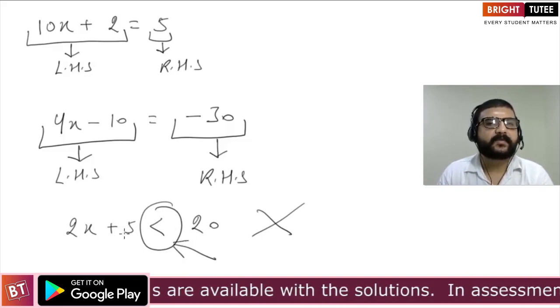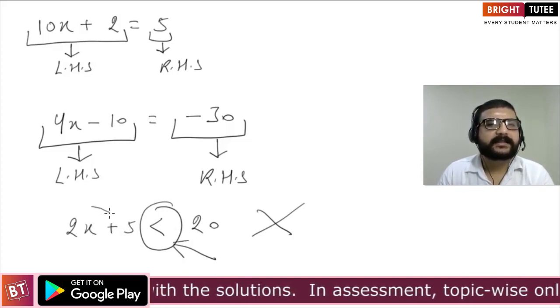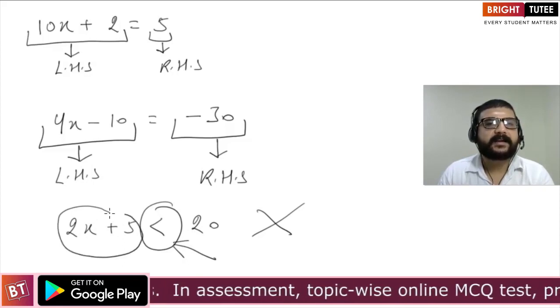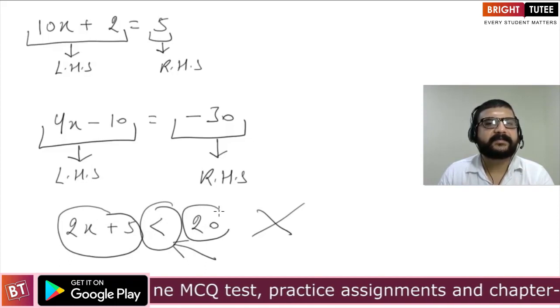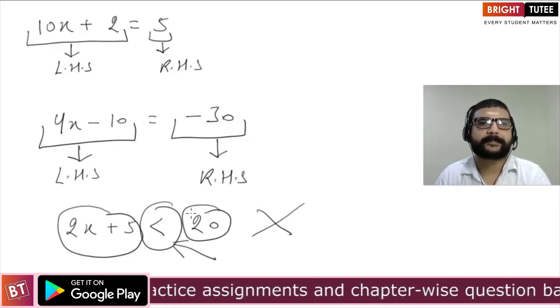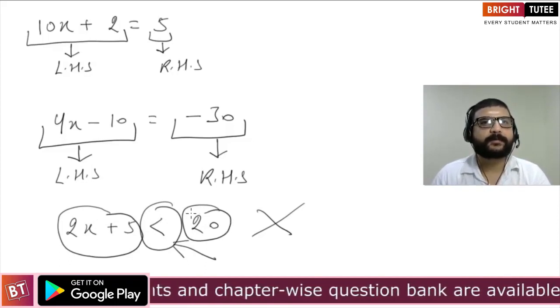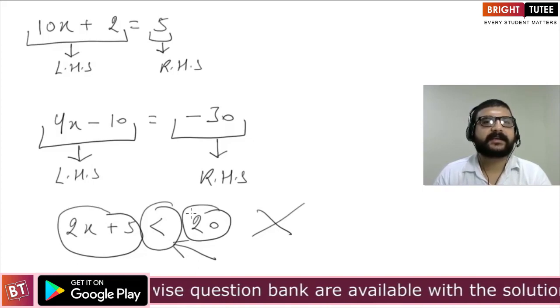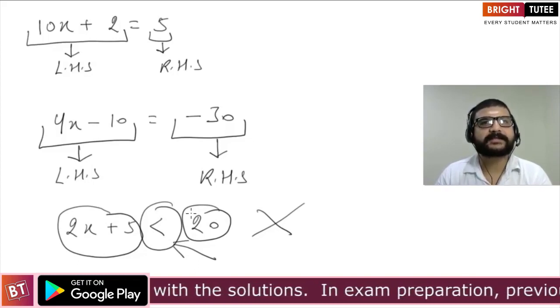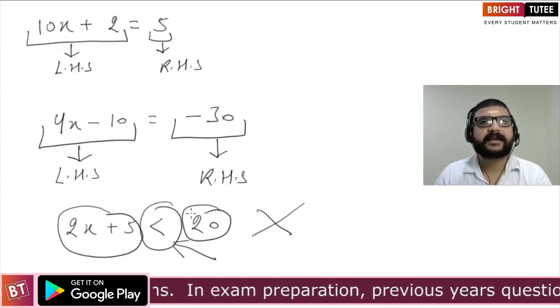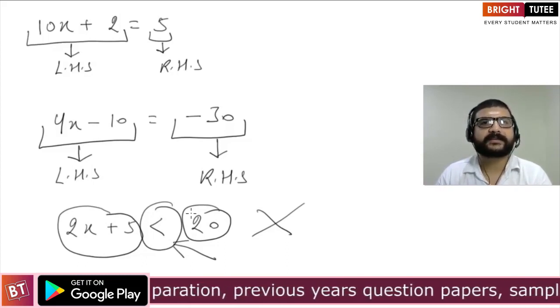This is an inequality, which is showing that the left hand side, 2x plus 5, is less than the right hand side, which is 20. So the most important thing for equations is that there should be an equality sign, then only it is known as an equation. Otherwise it will not be an equation.